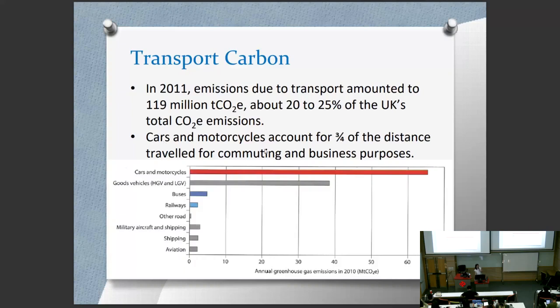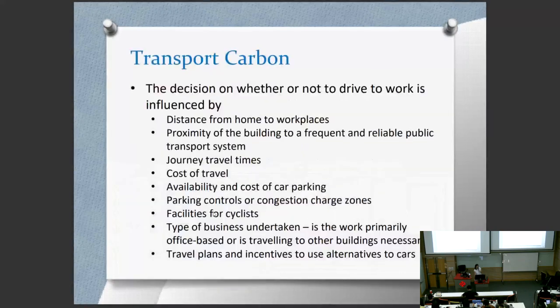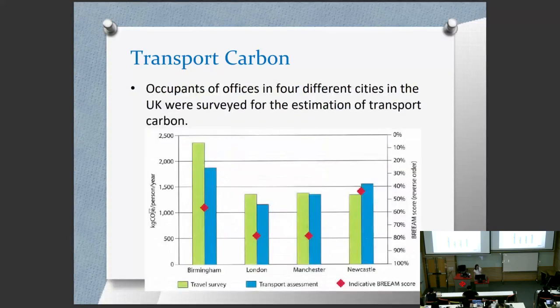Cars and motorcycles account for 75% of the distance traveled for commuting and business purposes. So most is due to driving cars and motorcycles. The decision on whether or not to drive to work is influenced by many factors: how far away, the traveling time, the cost, the availability of car parking, and many others. So I will just skip this slide.